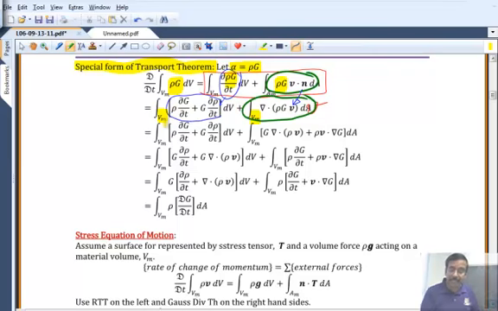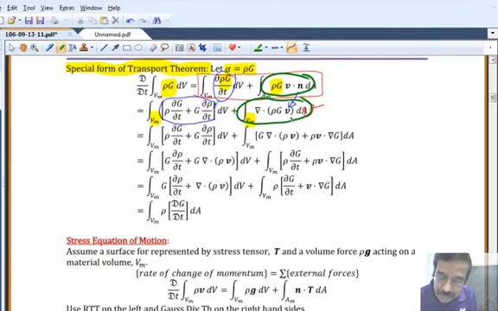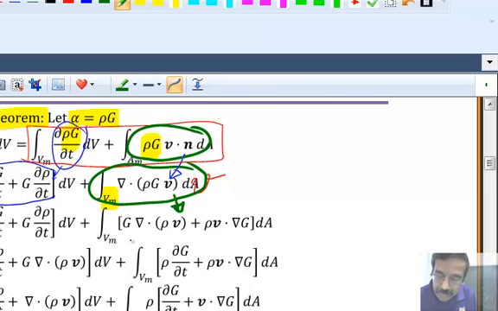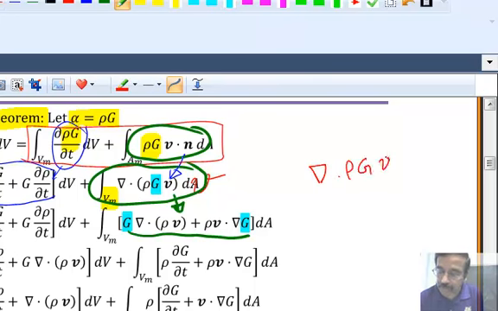So I can combine them, and before that I did one more thing, which is to take this expression. What did I do there? I applied the chain rule, but I applied the chain rule on this quantity g. So I have a product of del dot rho gv.